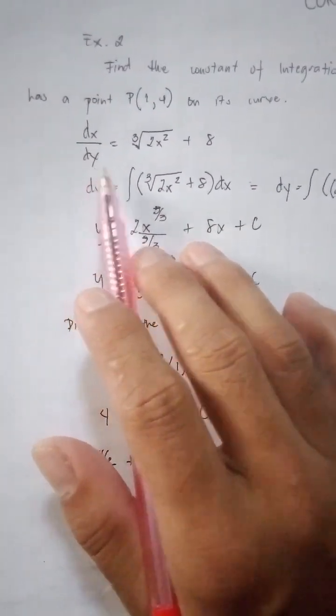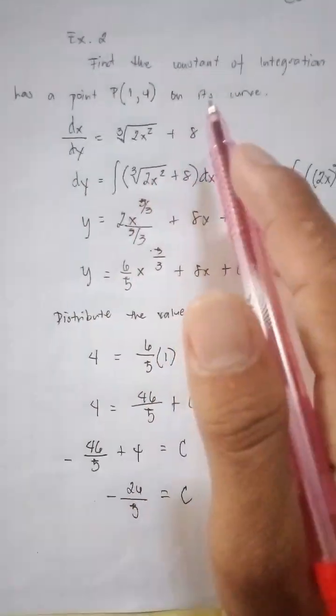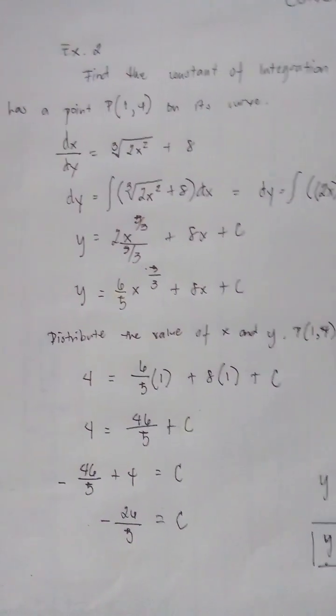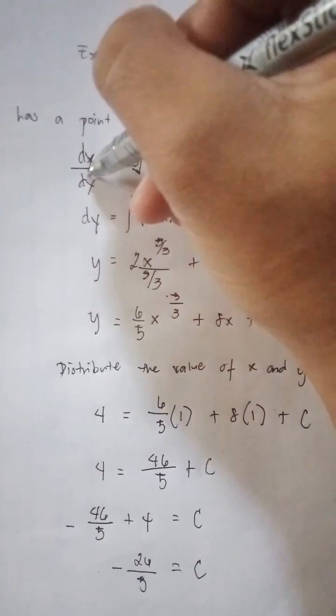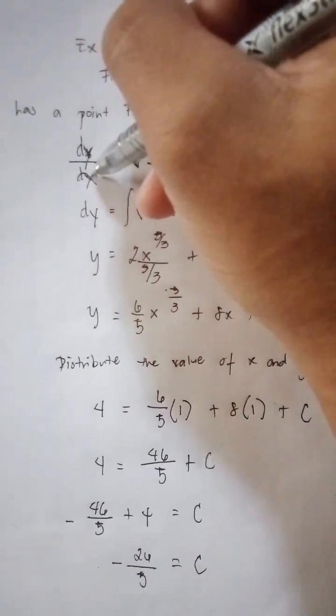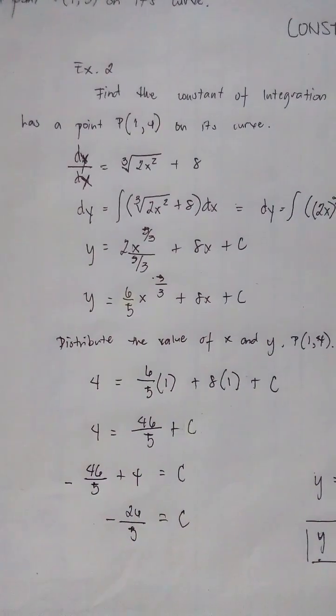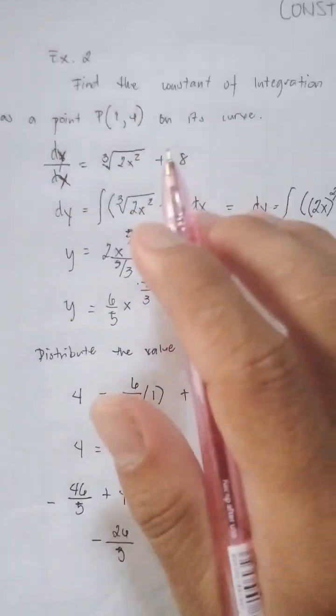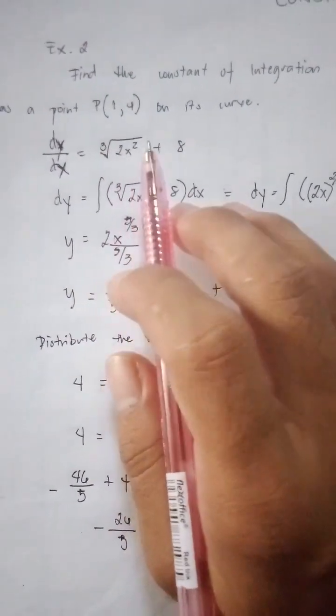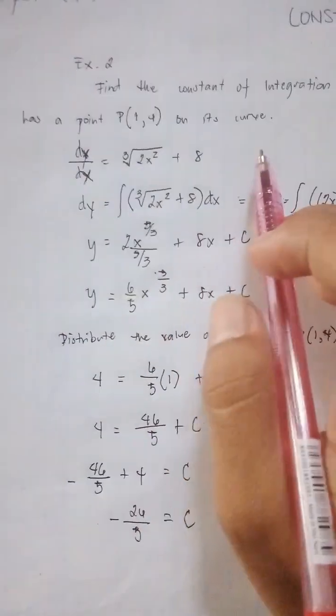We have here the equation dy over dx equals cube root of 2x squared plus 8.